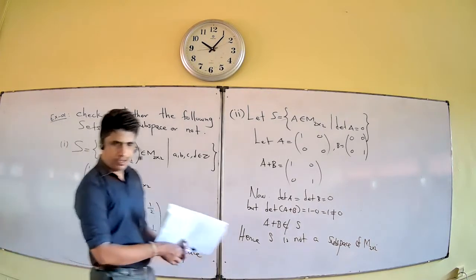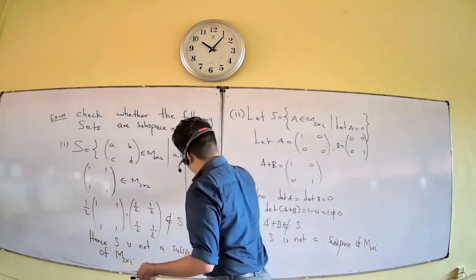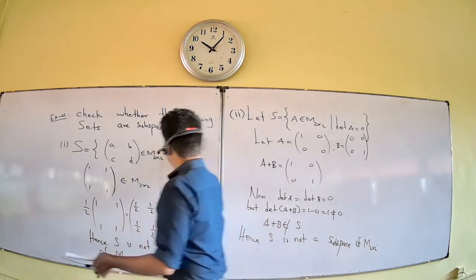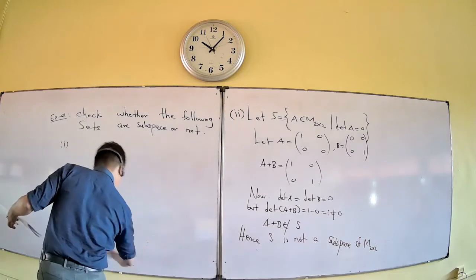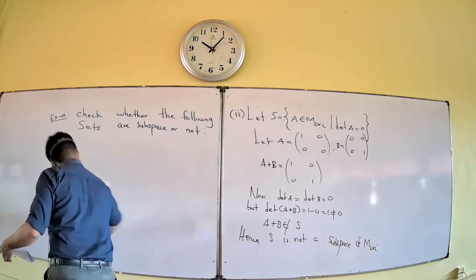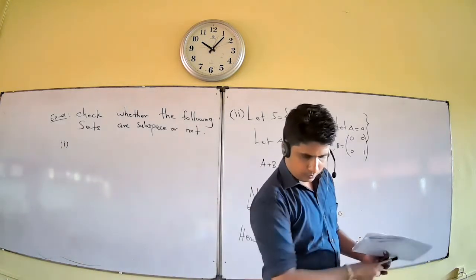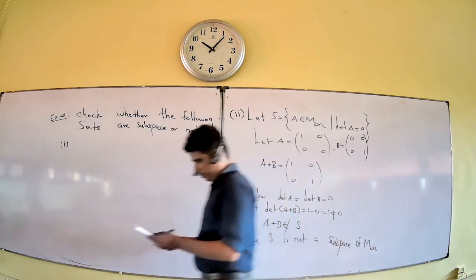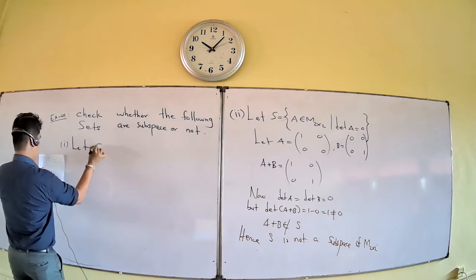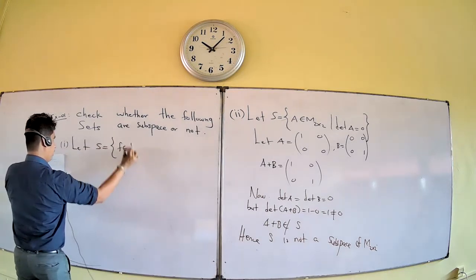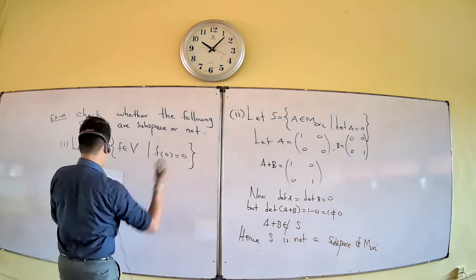So next we move to another problem. Let S equal the set of f belonging to V such that f of 0 equals 0.